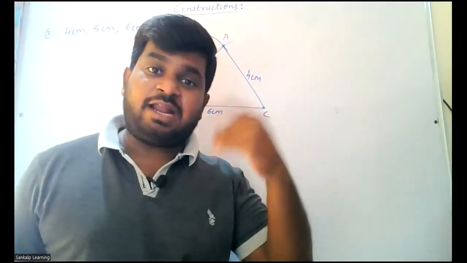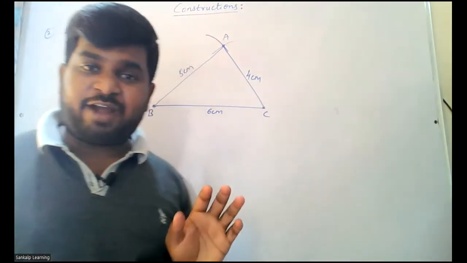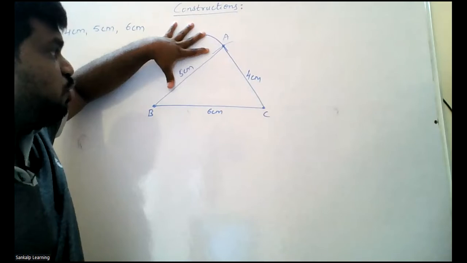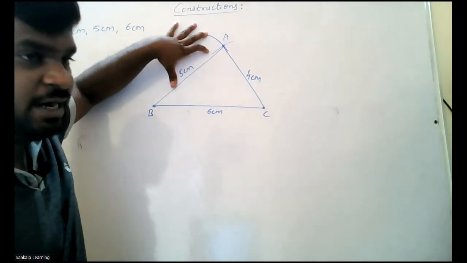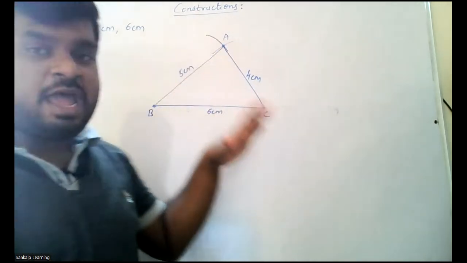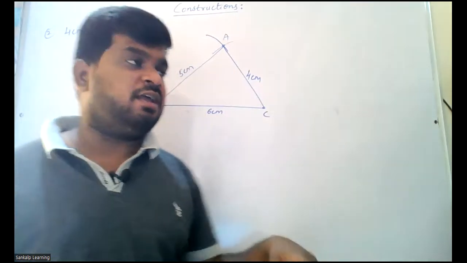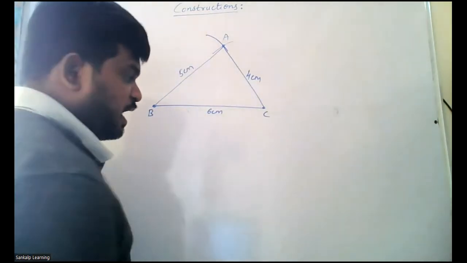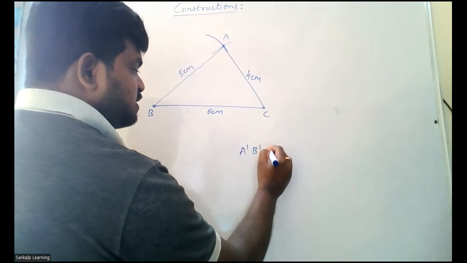Now I have to construct another triangle in such a way that if I take the ratio of any side of this triangle and the corresponding side of the other triangle, it should be equal to 2 by 3. Let's say we are going to construct another triangle, A dash, B dash, C dash.